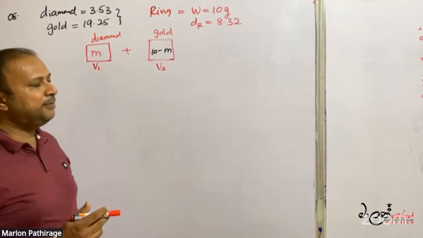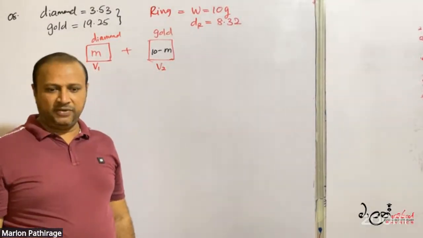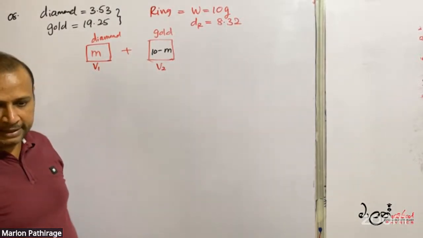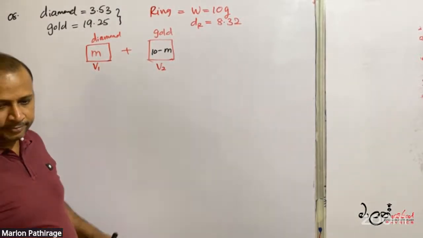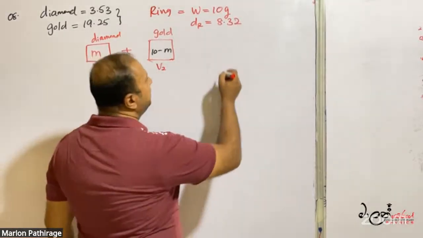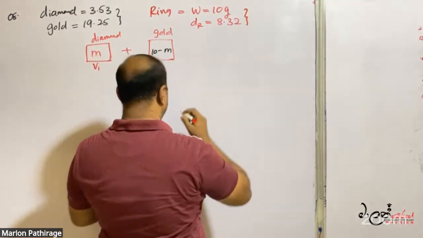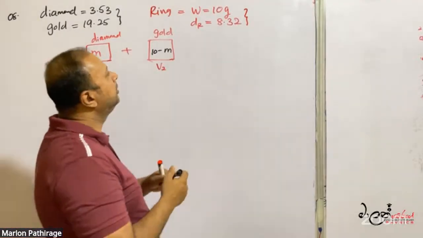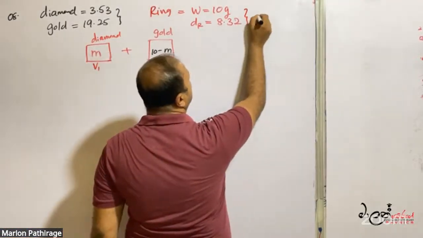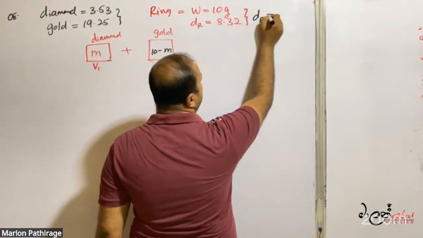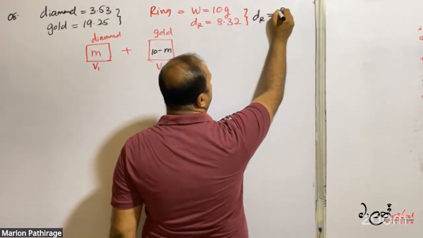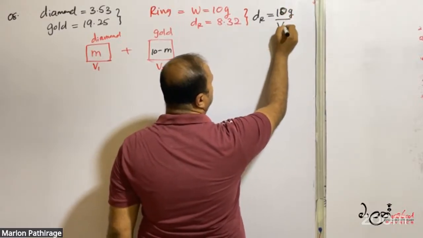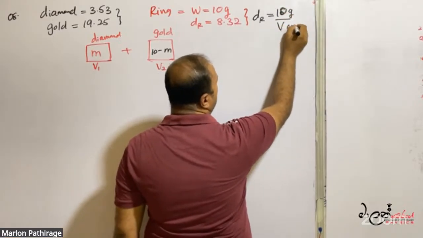If we consider the volume of this material, density is 10 gram over volume in cubic centimeter.